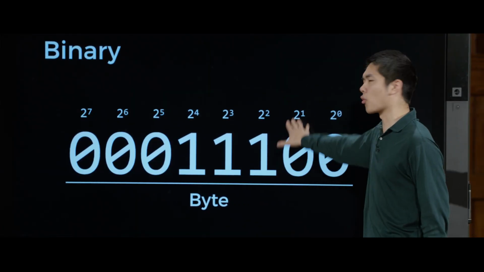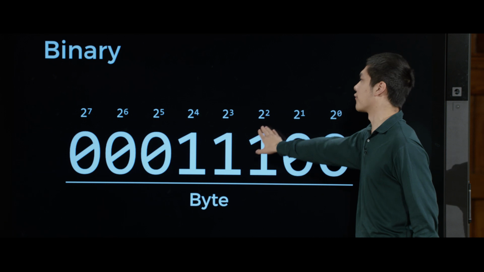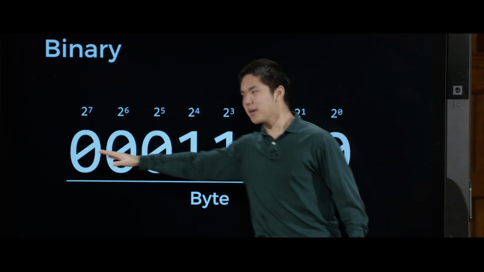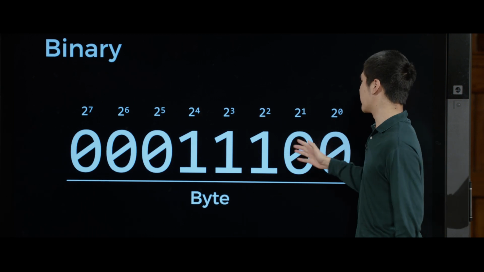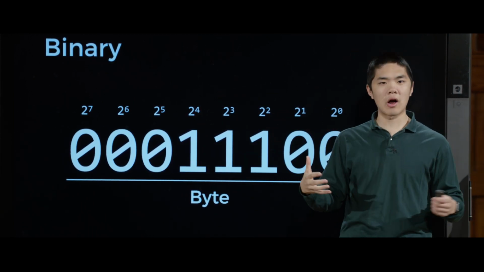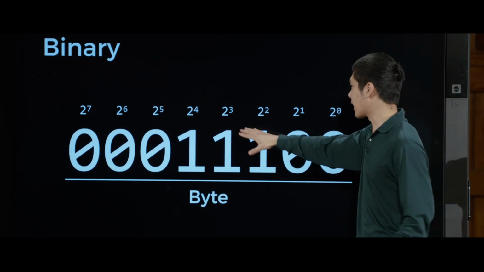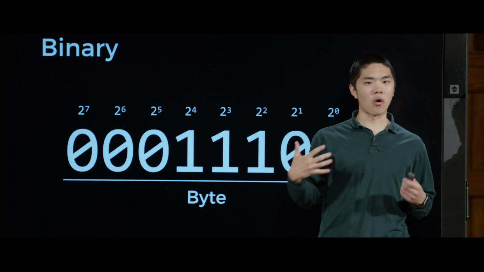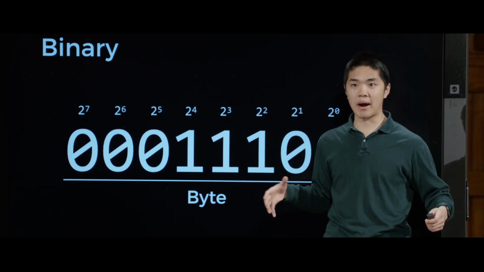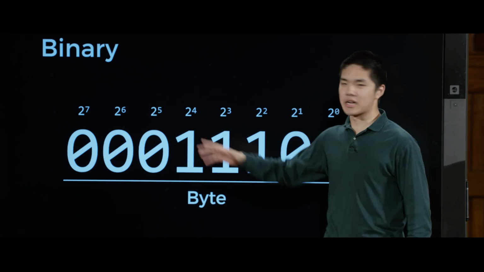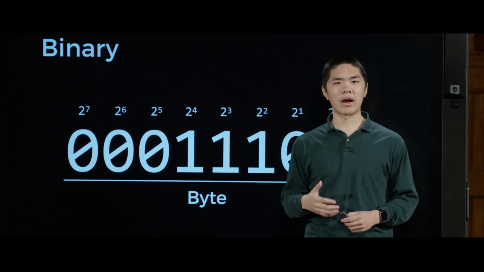Then next, we have 2 to the 1, which is the 2's place, the 4's place, the 8, the 16, 32, 64, and 128. And if you look at this number, it's really just going to be like 4 plus 8 plus 16. And you can do the math and figure out what number you get as a result of adding up just the places that have a 1 in them. And so using just 0 and 1, we ultimately had the expressive power to be able to represent any integer, for instance, using just patterns of zeros and ones in binary.